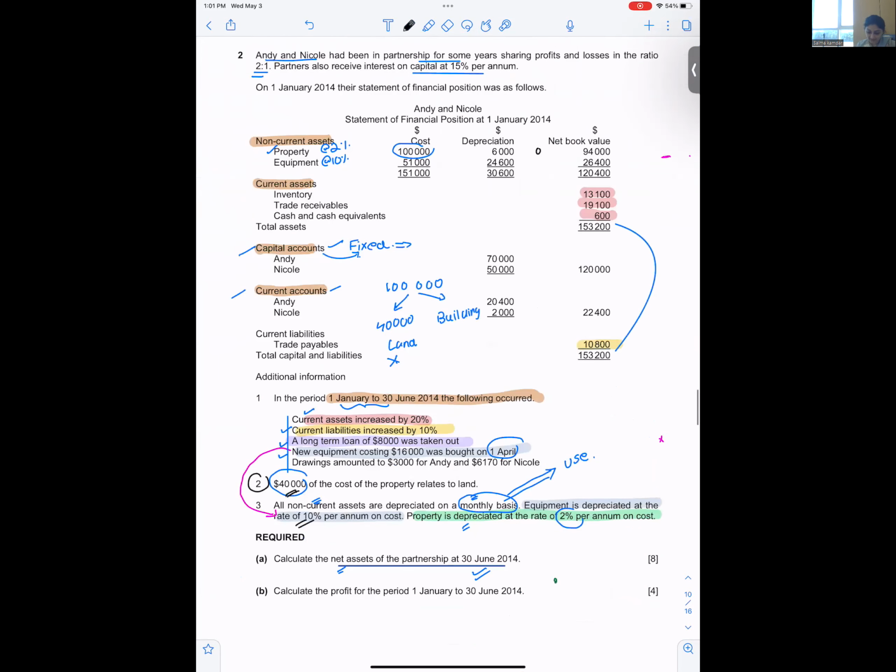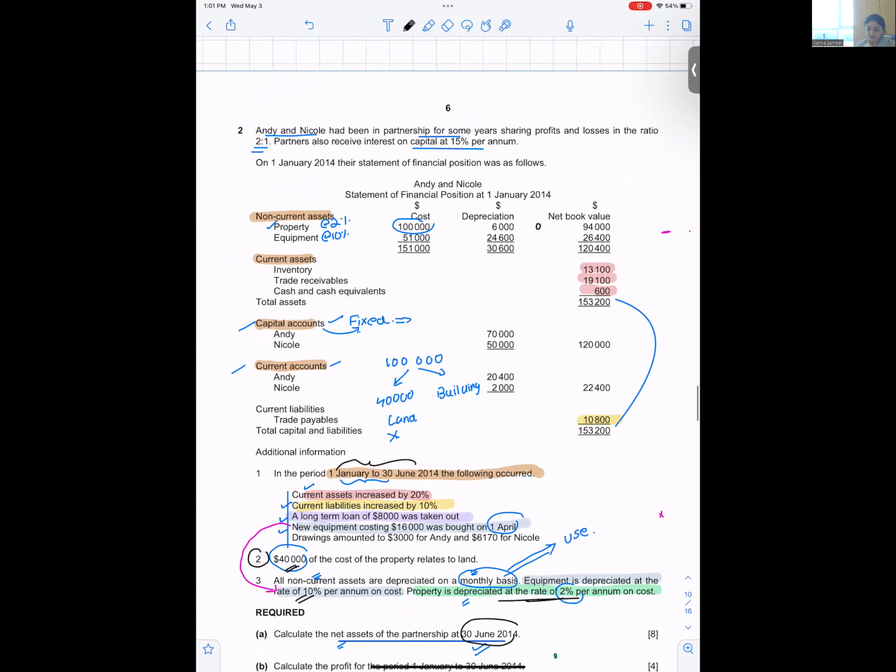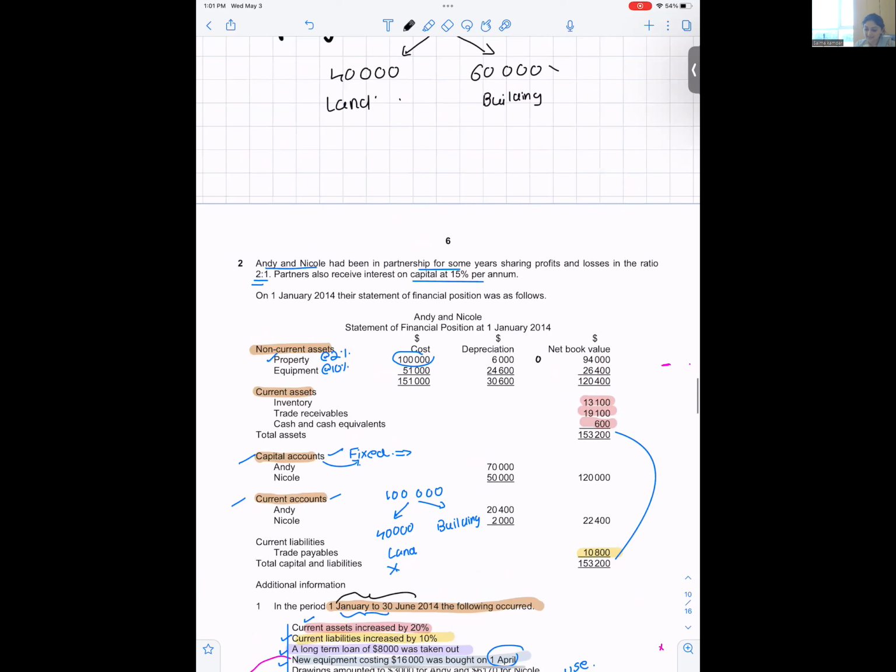Here, adjustment number 2. And your property is depreciated at 2% per annum. And this is from the period Jan to June. And you have to calculate for 30th June.